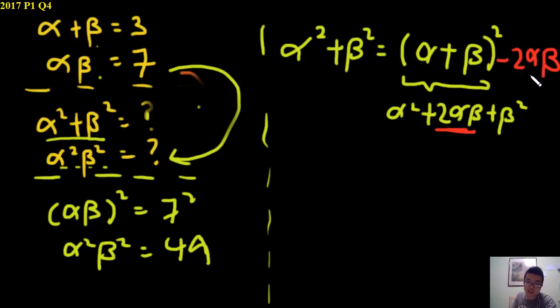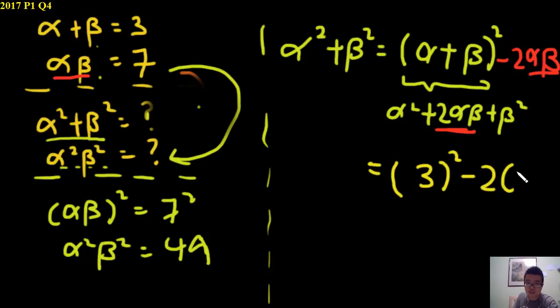We just find it back to here itself. So all you have to do is simply get 3 square minus 2 of the product. So 9 minus 14, you get minus 5.